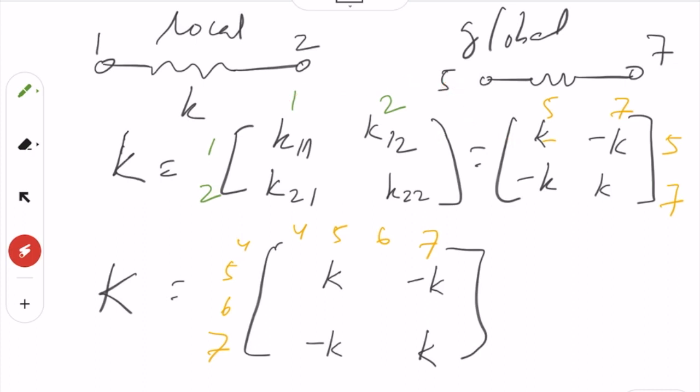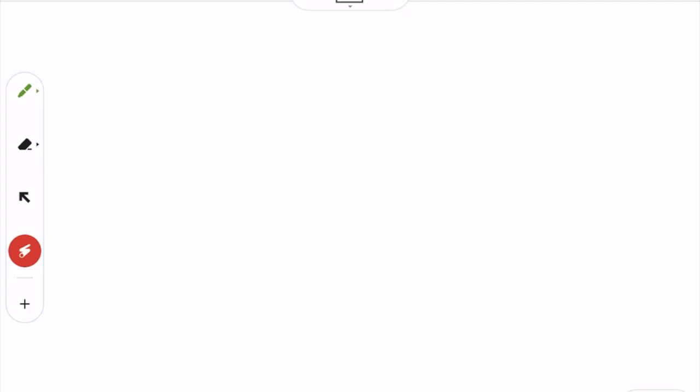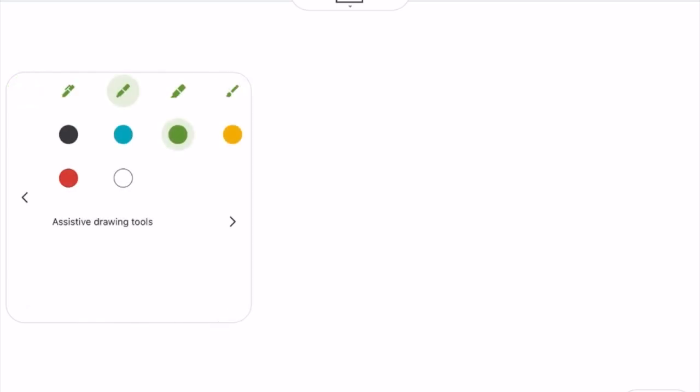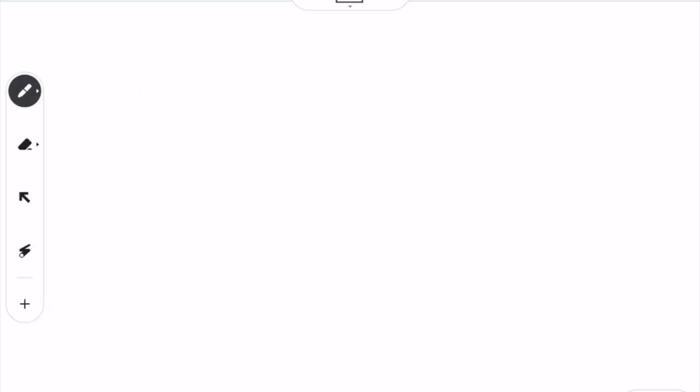Okay. Now once we know that, then we can solve the problem. Let's see one example now. Let us say we have a problem to solve. There are two springs, like this one.